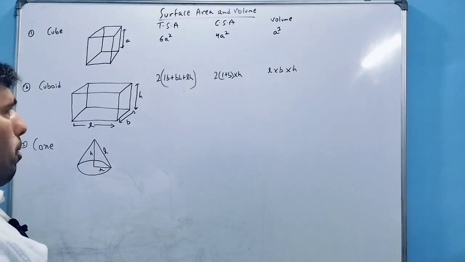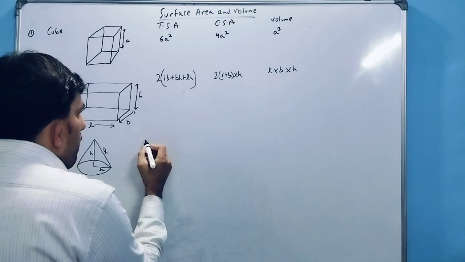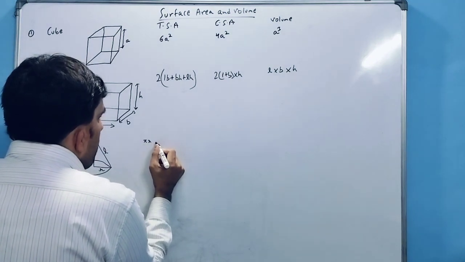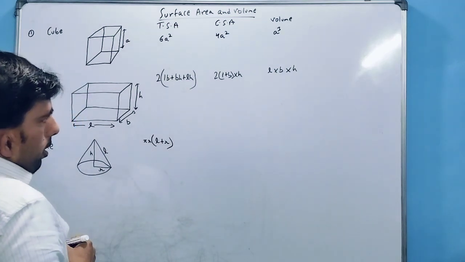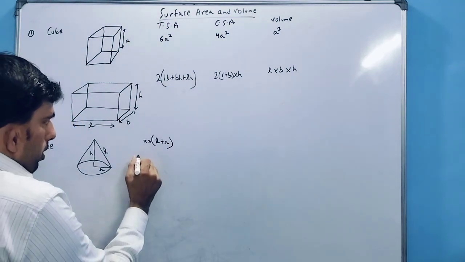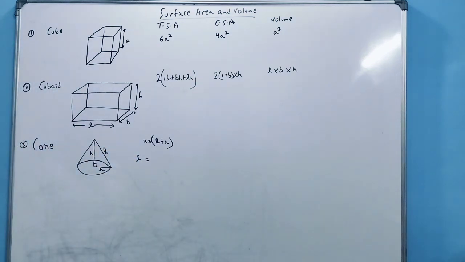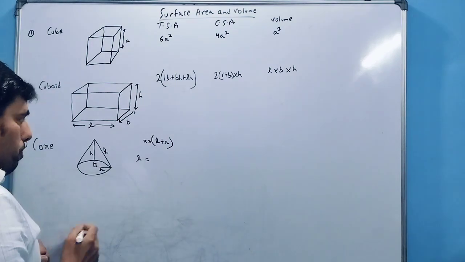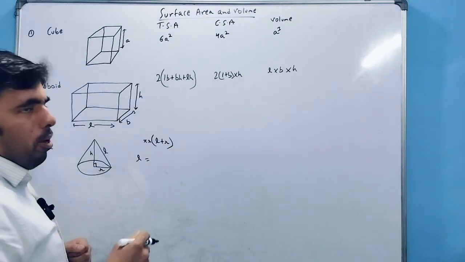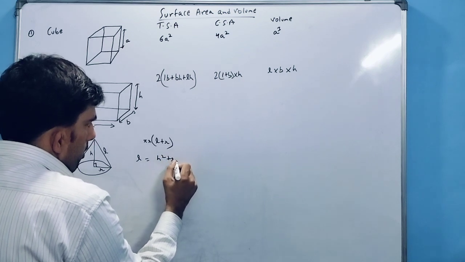Now its formulas: TSA is pi r (L plus r). How to find L? L is the slant height, r is the radius and h is the normal height. Now we want to calculate the slant height. How will we find it? Like this.